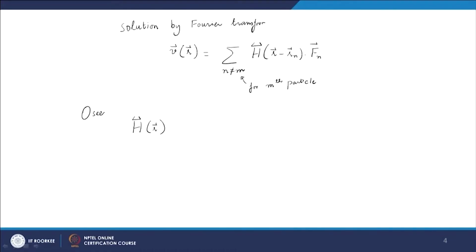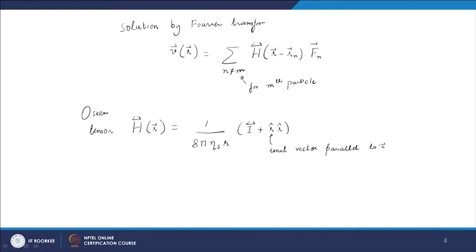So, this H is referred to as the Oseen tensor, which is given by the relation 1 by 8 pi eta s r, the identity matrix plus r cap, where r cap is a unit vector parallel to r.